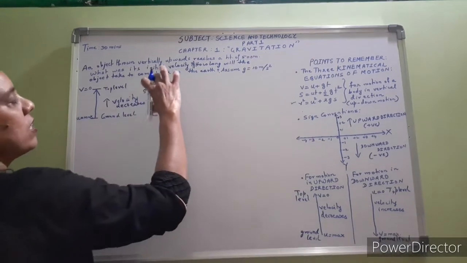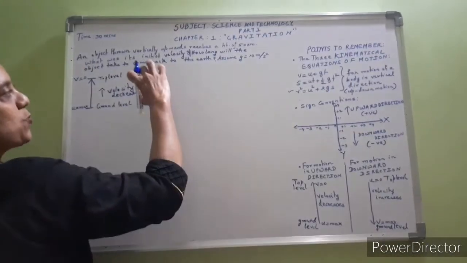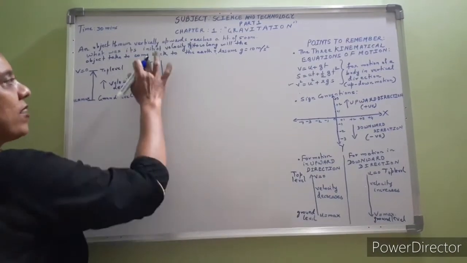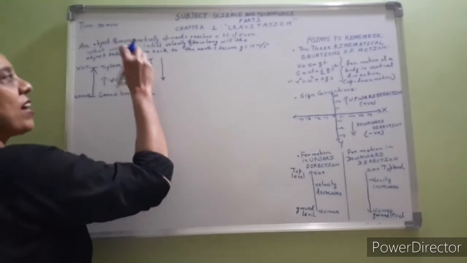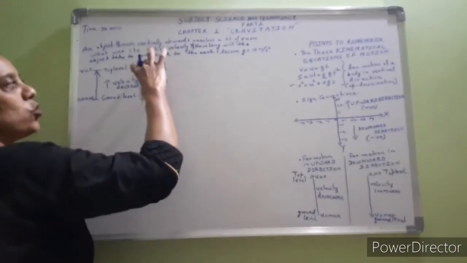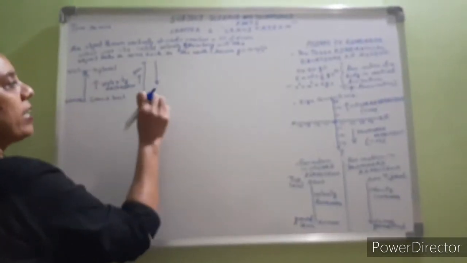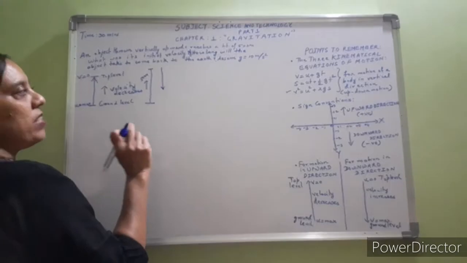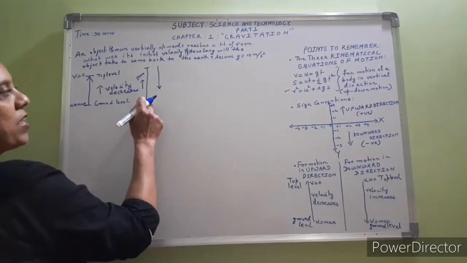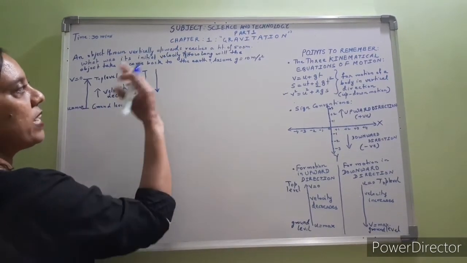Now since the distance, the displacement that it undergoes in the upward direction and in the downward direction is the same, it is the same 500 meter to go up and it covers 500 meter only to come down. So the length is the same while going up and while coming down. So the time taken to cover this 500 meter in the upward direction and the time taken to cover 500 meter in the downward direction will be equal.